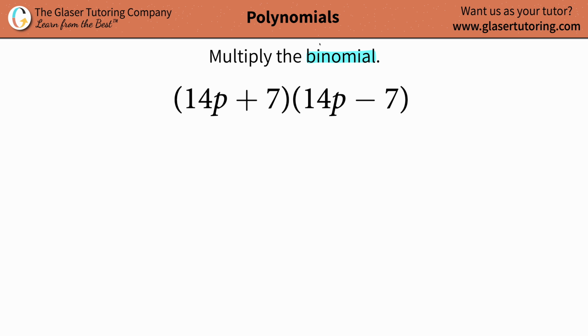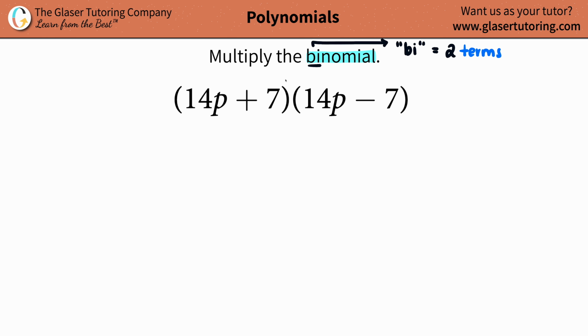Okay, so let's multiply the binomials. Now, in mathematics or science terms, the term bi just means that you have two of something, right? But since we're in polynomial land, we're talking about multiple terms, so a binomial would be something that has two different terms.